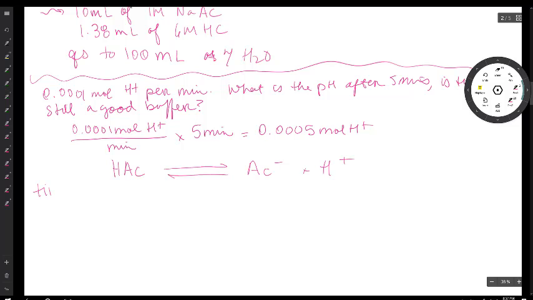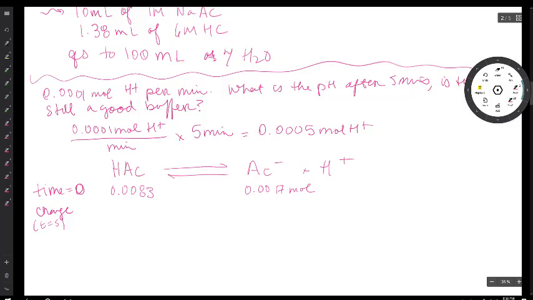So if we're at time equals 0, before the reaction starts, where we just have our buffer hanging out at pH 4, initially we're going to have 0.0083 moles of acetic acid and 0.0017 moles of sodium acetate. And then our change over a 5 minute period is equal to 0.0005.